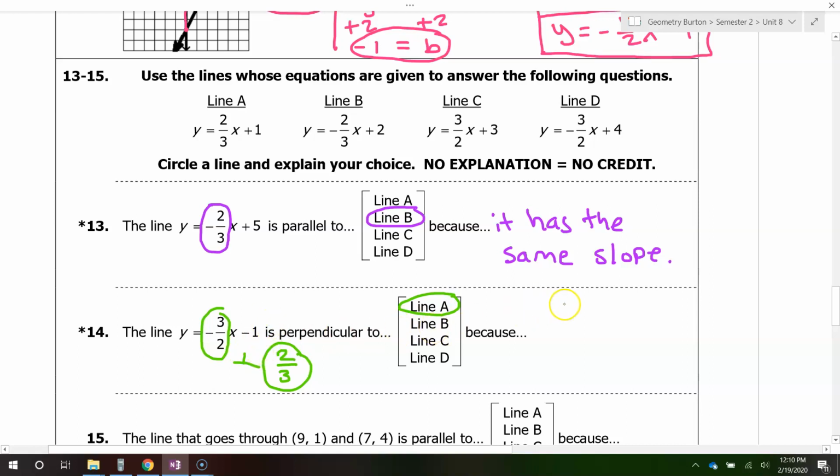because, so I have to say something about opposite and reciprocal. So because the slope of line A is opposite and reciprocal.